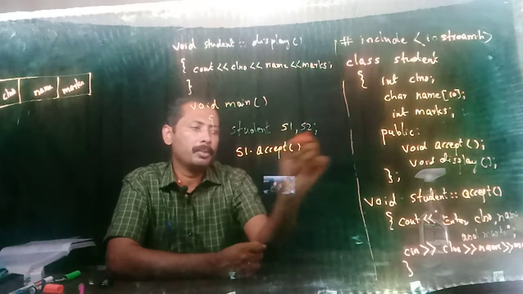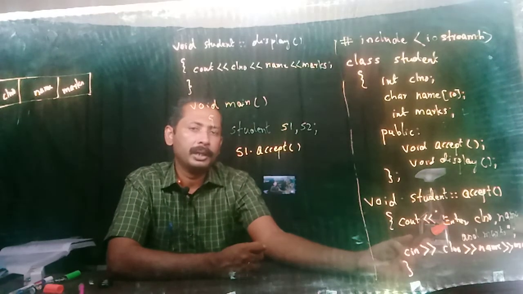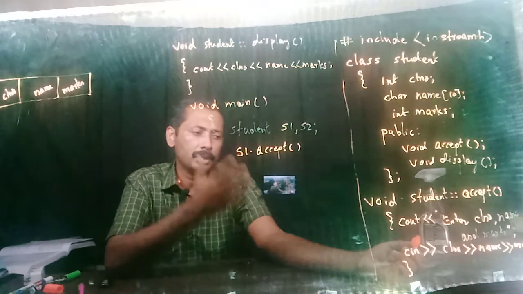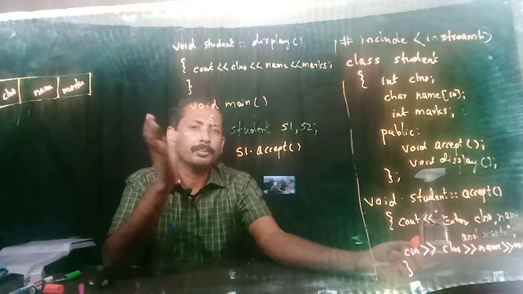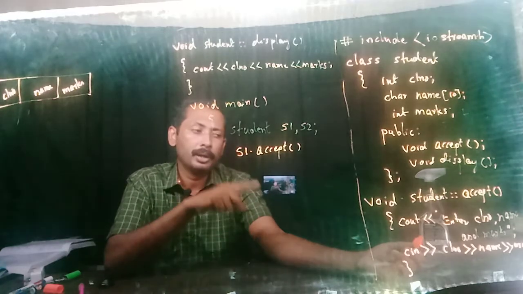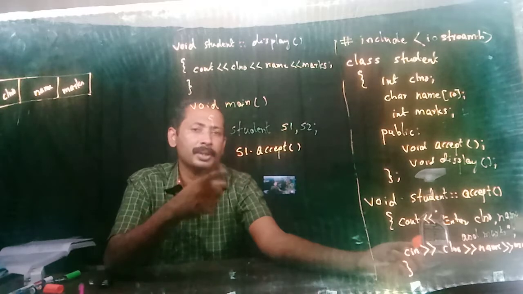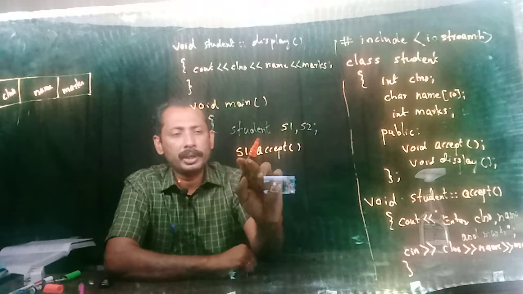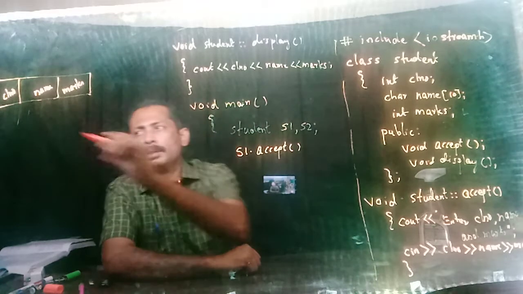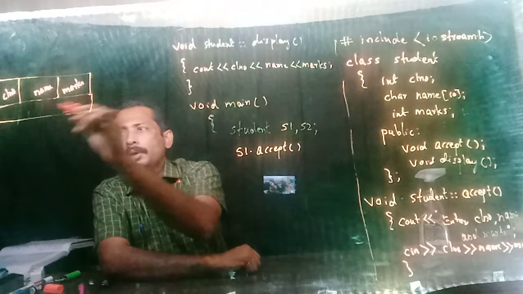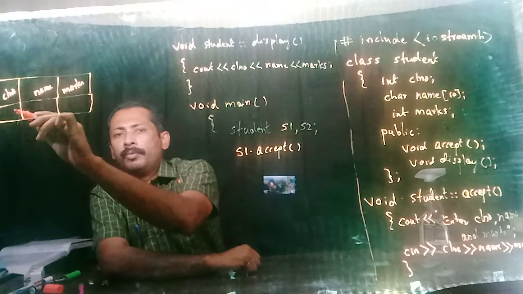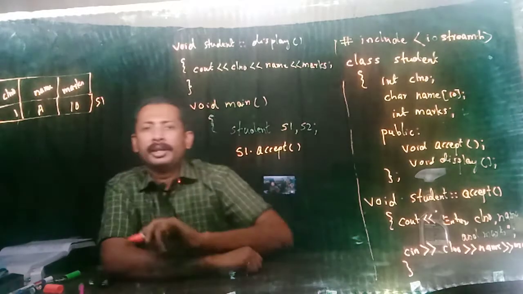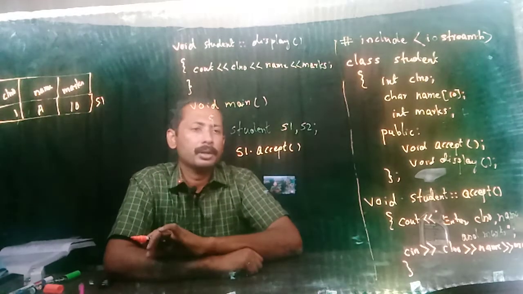So when accept is called, the message enter class number, name and marks will appear inside accept. The values we give will go to the class number, name and marks of object S1. So when S1 dot accept is called, the S1's class number, name and marks are stored in a row. So the values given will be stored in S1's class number, name and marks.